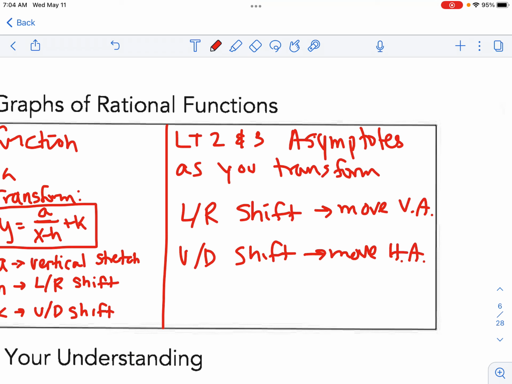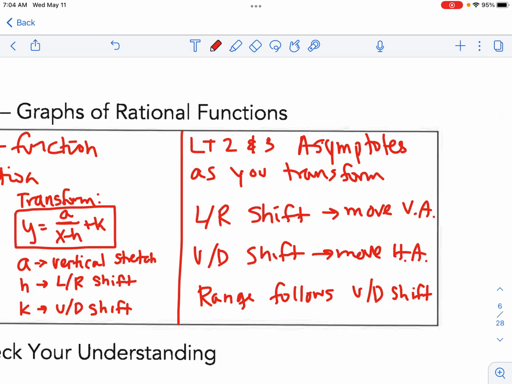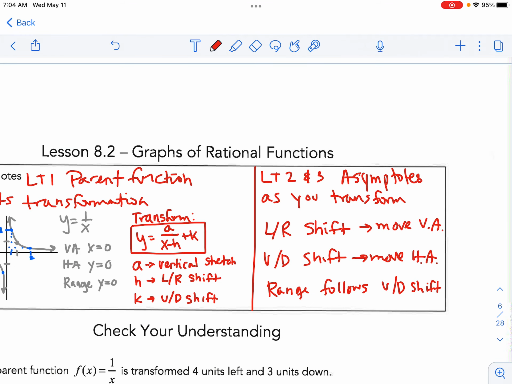So we need to keep cognizant of that, and then the range follows that vertical shift, the up-down shift, right? If we shift this thing up, then the horizontal asymptote moves up, and that value that we can't get to.